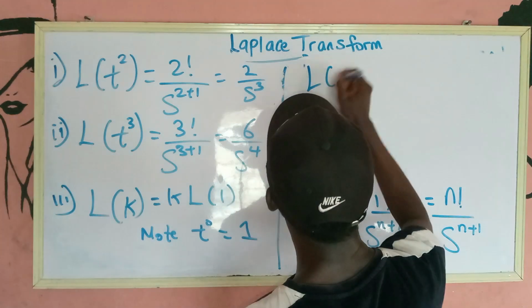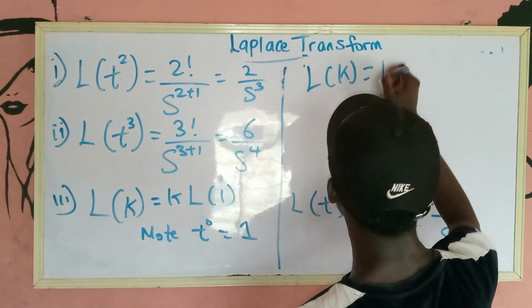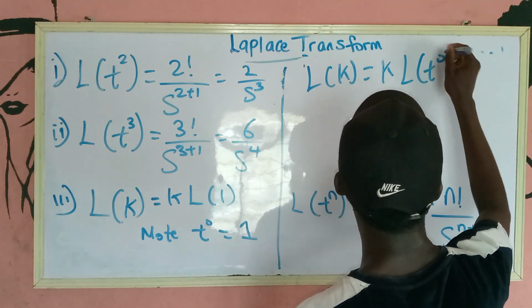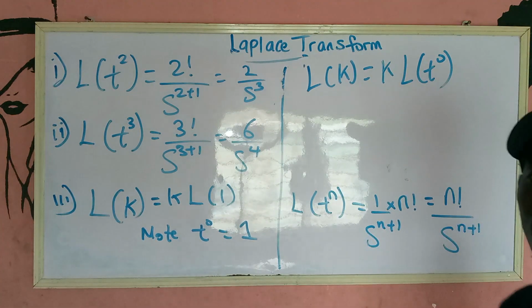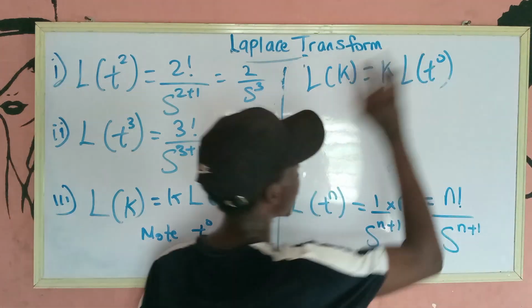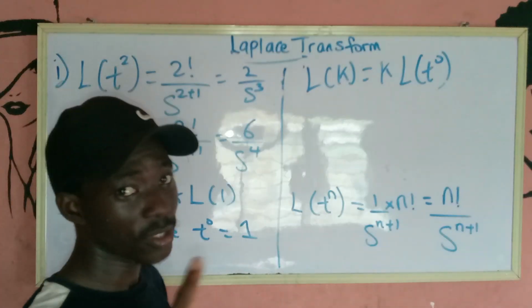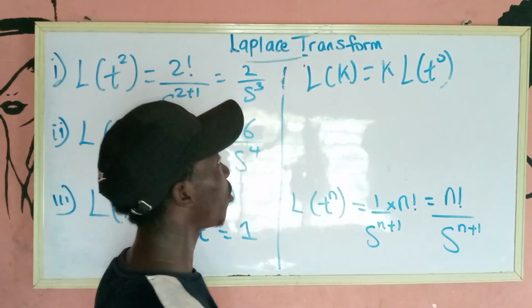So the Laplace of this equals the constant outside, and I have t raised to power 0. This looks exactly like the formula, and I can use it, and you see that it will be the same as what we got before.